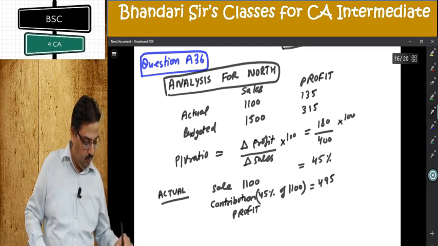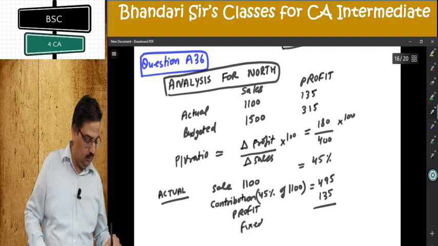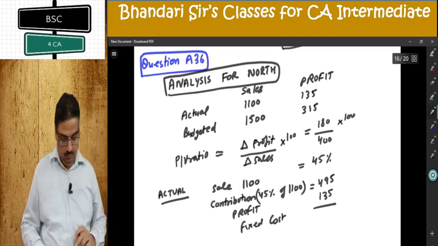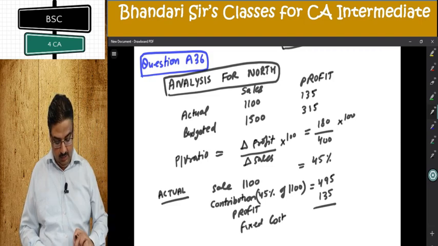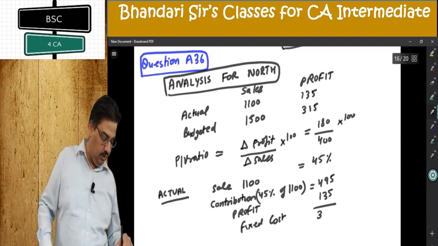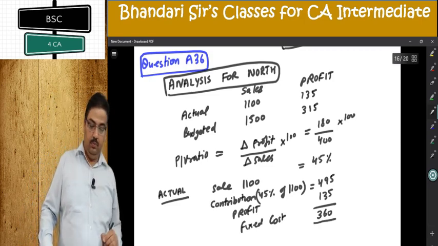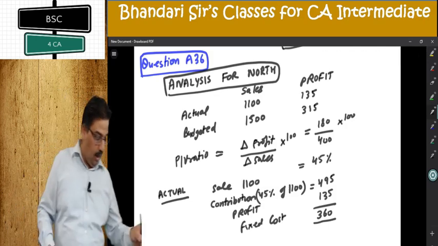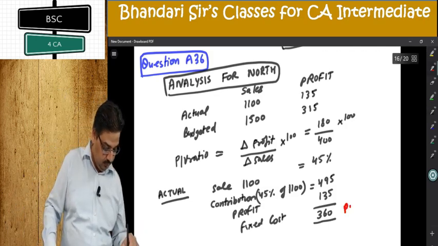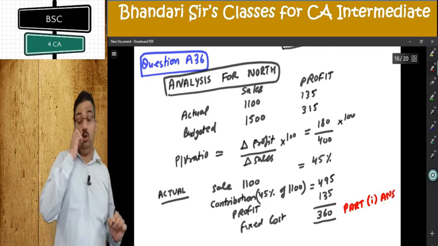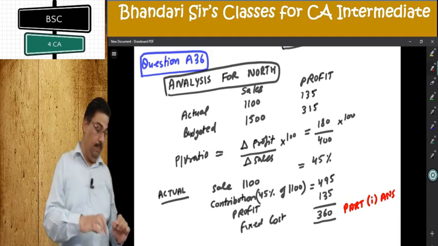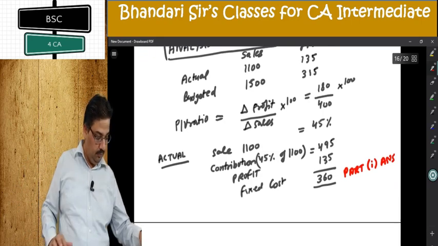Profit is 135, so the balance is fixed cost. 495 minus 135, 360 is the fixed cost. This is the part 1 answer. For north only, the part 1 answer is 360.